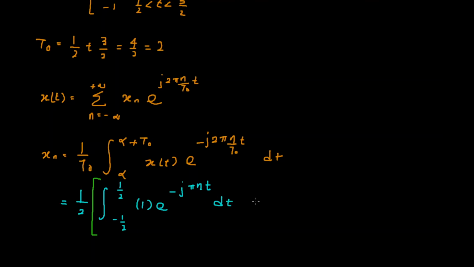All right. Next, I'm going to have another set of integration, which is from positive 1 over 2 to 3 over 2. For this we're going to have negative 1, with reference to the previous set of data that we actually wrote.